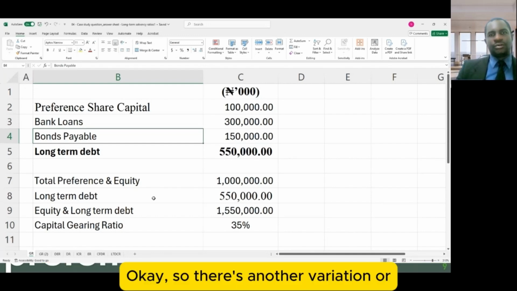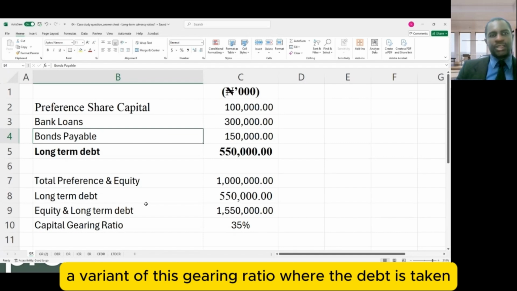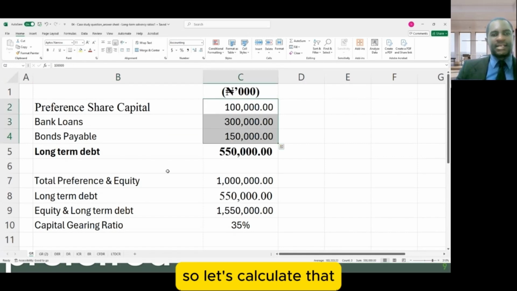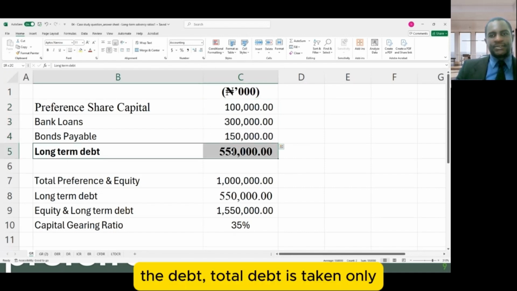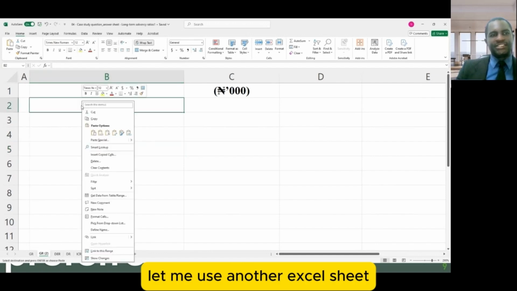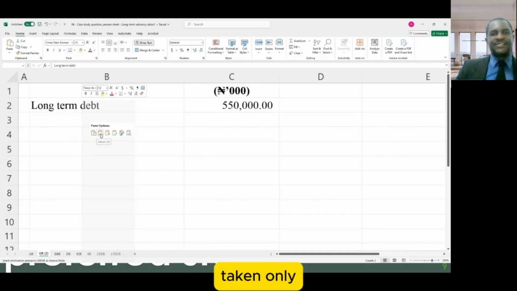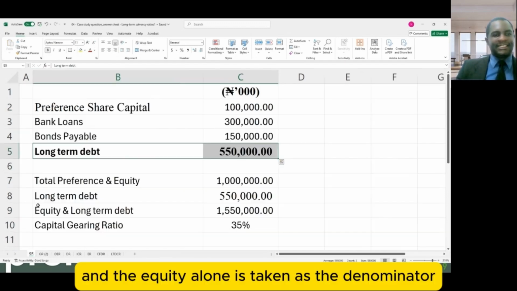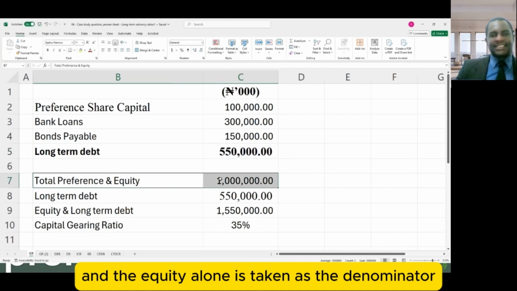Okay, so there's another variation or variant of this gearing ratio where the debt is taken. So let's calculate that. The total debt is taken only, let me use another Excel sheet, as the numerator, and the equity alone is taken as the denominator.